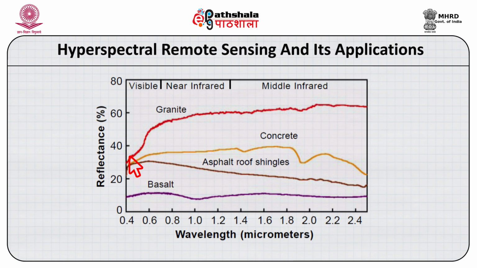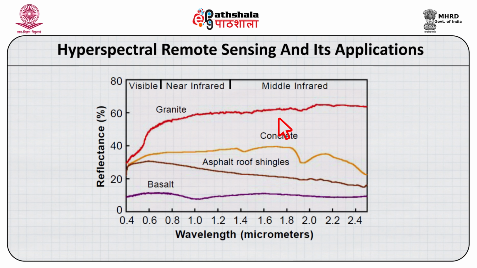A granite rooftop behaves strongly in near infrared and middle infrared. Therefore, we can assess the surface material used in urban areas using hyperspectral data, which in return can also assess the urban environment, the temperature, and the urban climatic condition. That is another very important application of hyperspectral data.